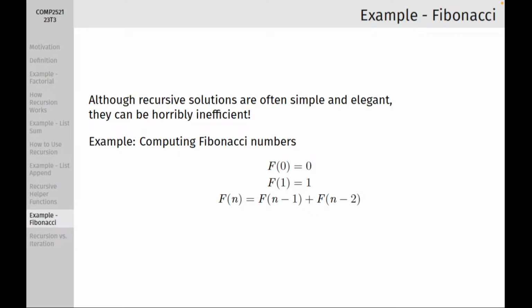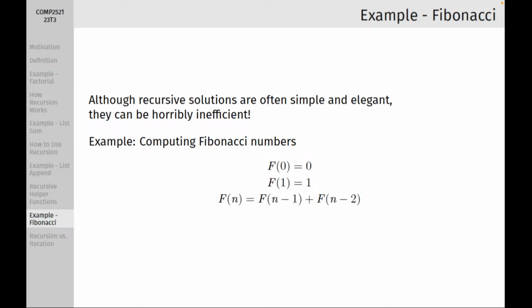Right, so let's talk about Fibonacci. Fibonacci is a classic example of recursion, and you probably know what the Fibonacci sequence is. It's the sequence where every number is the sum of the previous two numbers, and you have two numbers at the start, which are 0 and 1.